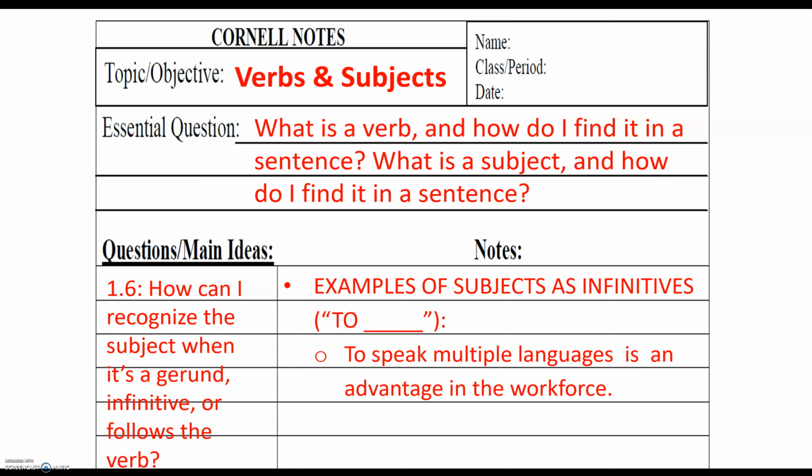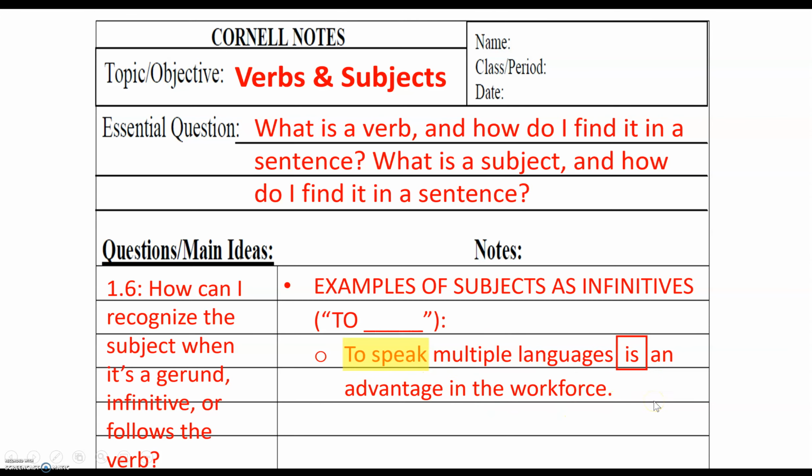This one says, to speak multiple languages is an advantage in the workforce. So I see my verb is is. I'm going to ask, what is an advantage? And the answer is to speak. Okay, so notice my infinitive there is actually not something I want to ignore in this case because it answers that question, what is an advantage? To speak is an advantage.